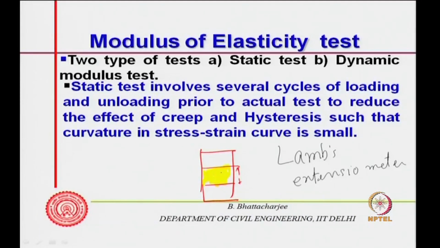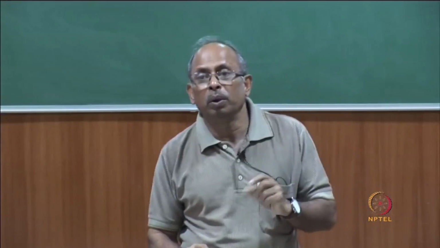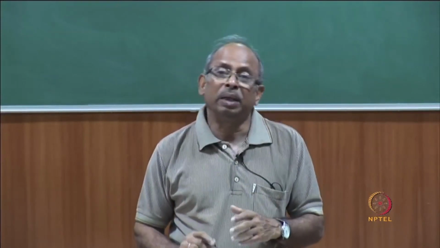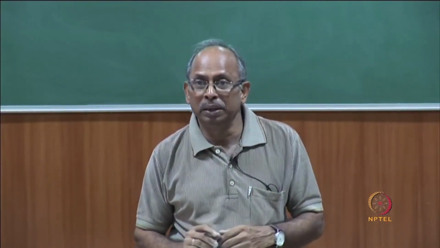We will put the gauge there, in the central portion, of the 300 mm length, the central 150 mm. You put the gauge here, but the deformation is relatively small. So, how do you measure this deformation? It has to be amplified in some manner. It was amplified optically in the earlier days.